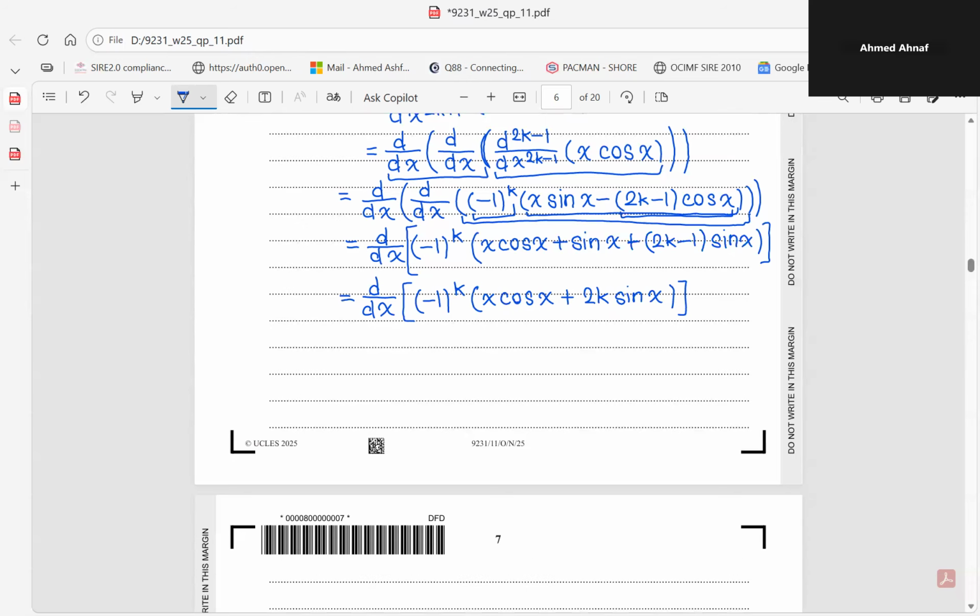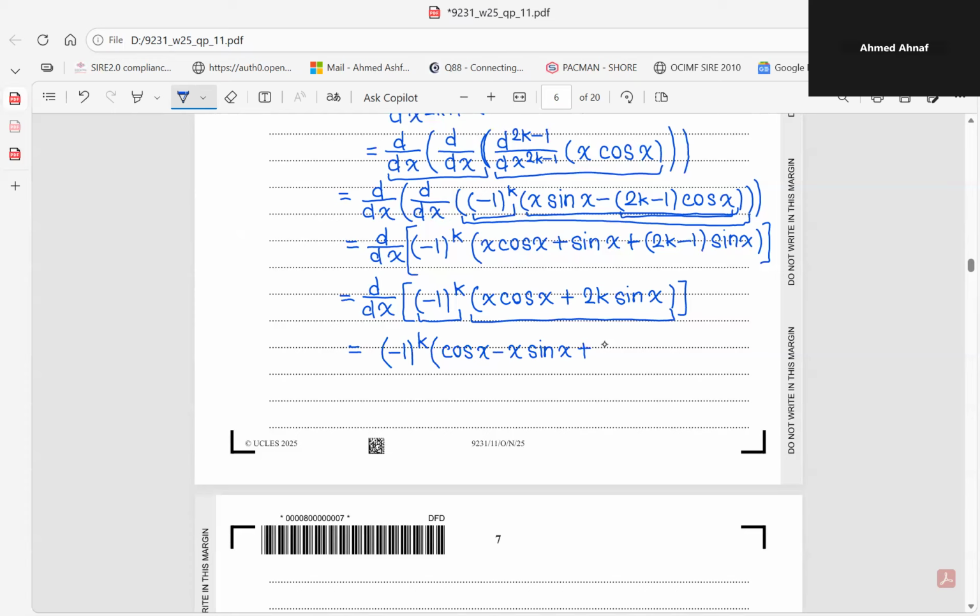Now it's a lot simpler to differentiate. Again, this is a constant term, so you can leave it out. So (-1)^k, and now you just have to differentiate this entire term. So x cos x, differentiating it, let's keep the cosine x first, so cosine x and differentiate the x, and then plus, keep the x and differentiate the cosine x, so that's minus sine x. So this is minus x sine x.